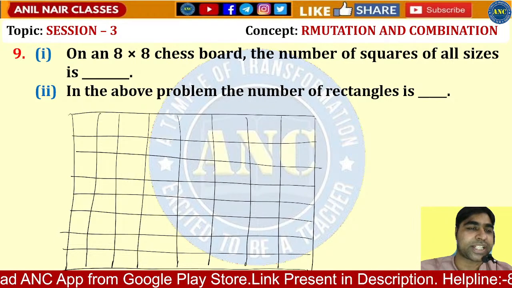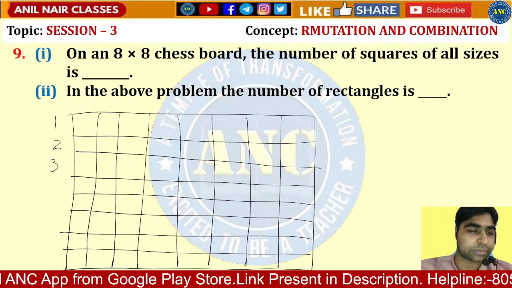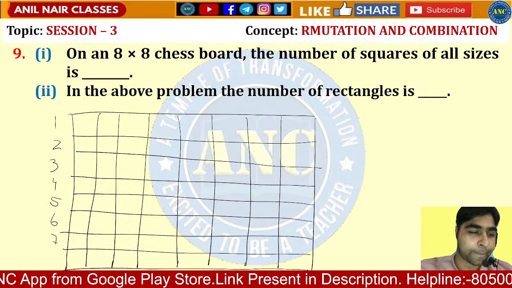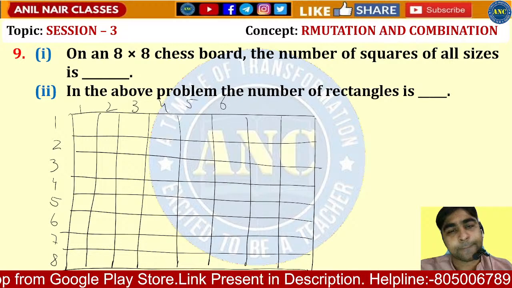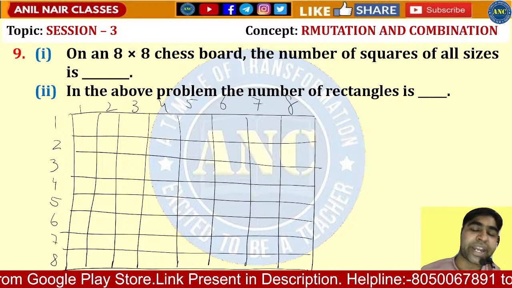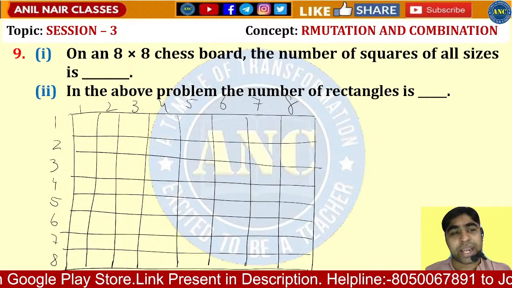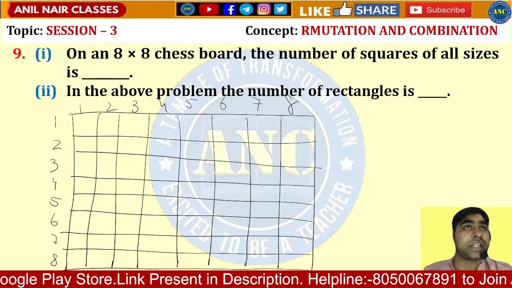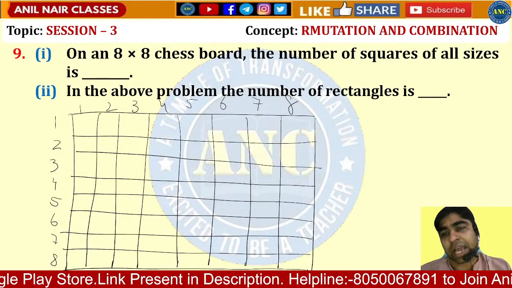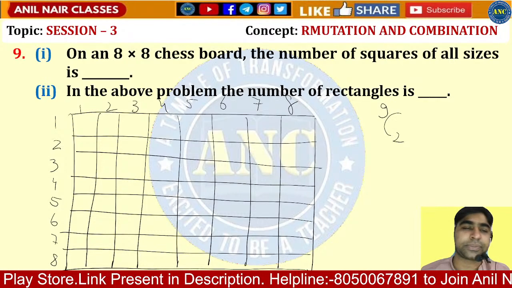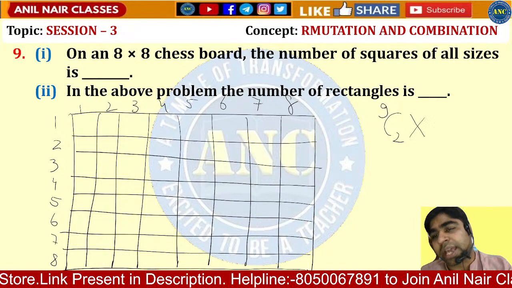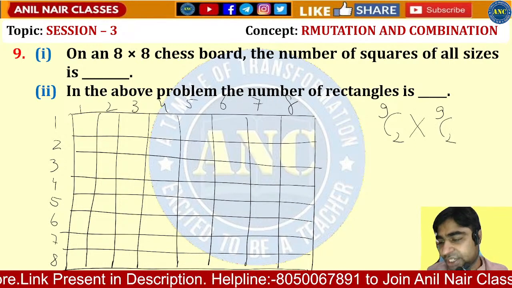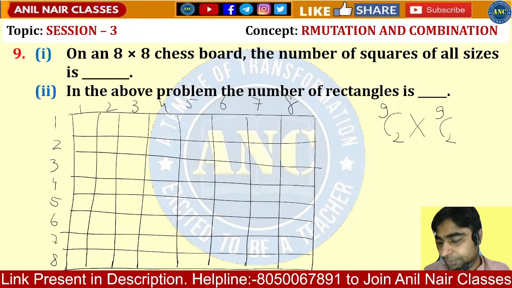Then only an 8x8 chessboard is formed. To make a rectangle, what do I require? From the 9 vertical lines, I need to choose any 2 lines, and from the 9 horizontal lines, I also need to choose any 2 lines. So 9c2 into 9c2 would become my answer.